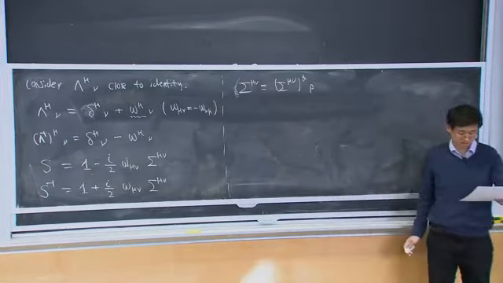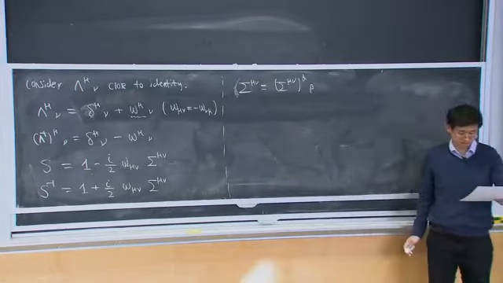Let me call this equation 3. Then to linear order in omega mu nu, when you expand both sides of equation 3 to order omega and equate both sides, you find the following equation.